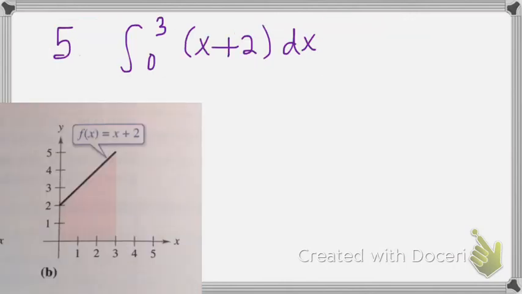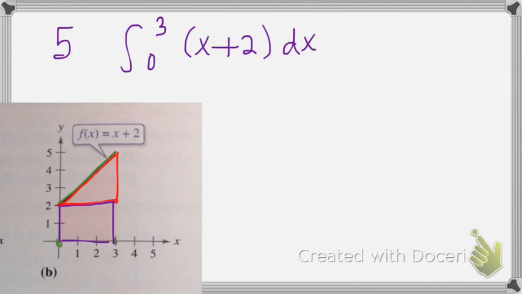So the next one says the integral from 0 to 3 of x plus 2. Well, this line is x plus 2, so we want to find this area. Normally, when I have a trapezoid, I just separate it. I find the area of the rectangle, and then add that to the area of the triangle. If you would rather do trapezoid, that is fine. I just think it's easier to do it this way.